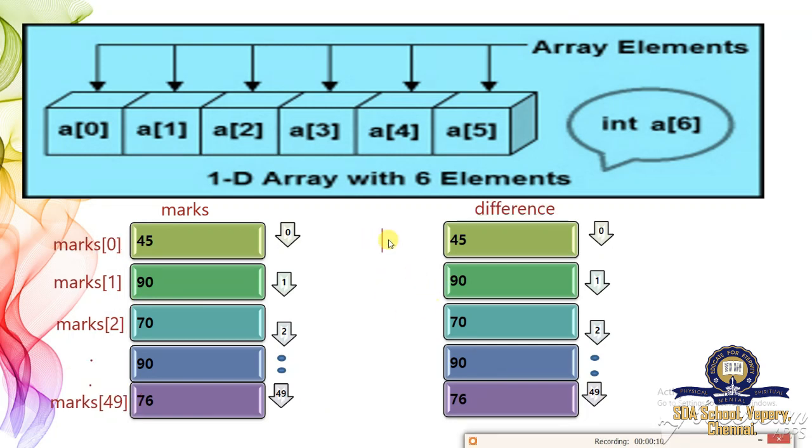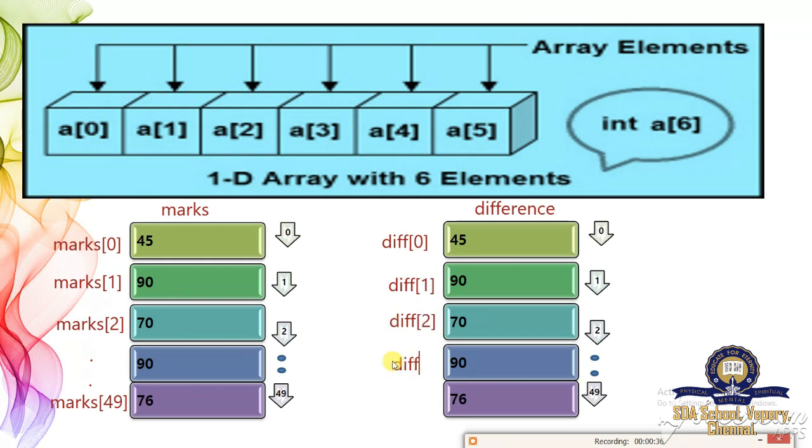Likewise, to store the differences, we can use the variable diff. To store the elements, we can use the index. The first index is 0. To store the second element, 1. To store the third element, 2.